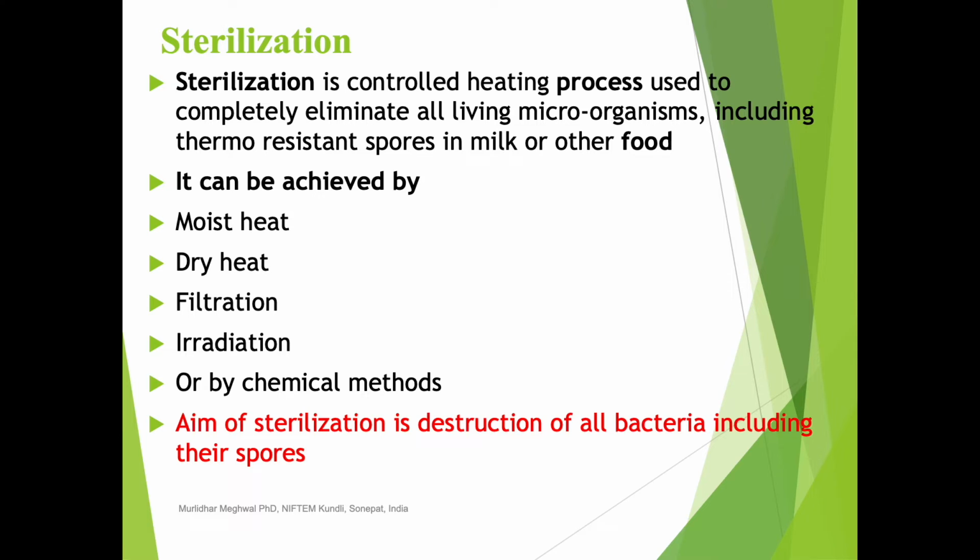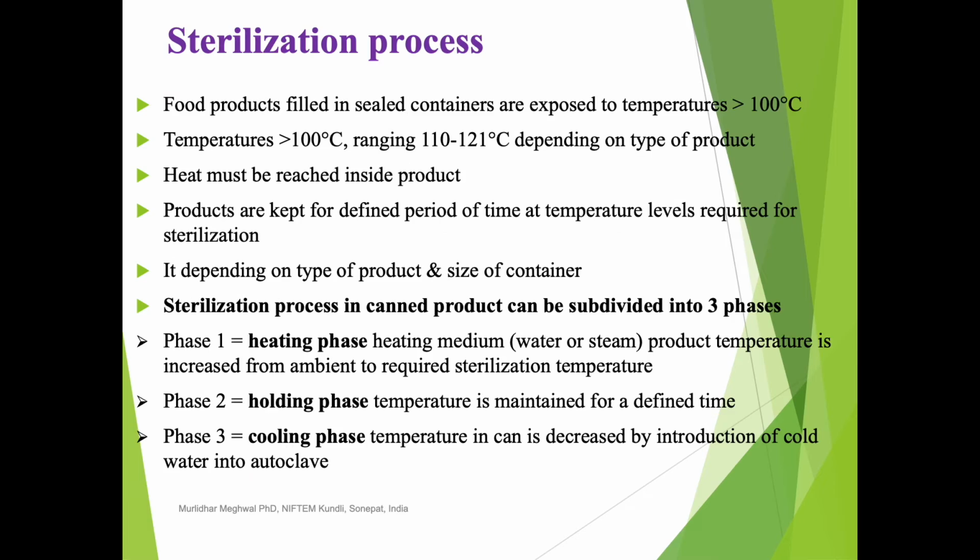The aim of sterilization is the destruction of all bacteria, including their spores. It is a more severe treatment, and it makes sure that all the microbes have been killed. That is why sterilized milk can be kept for a longer time even at room temperature.